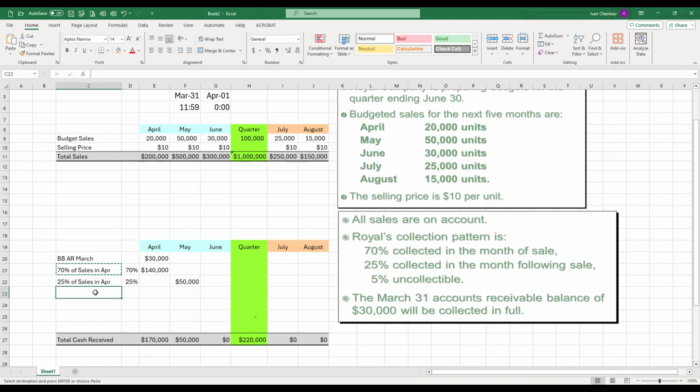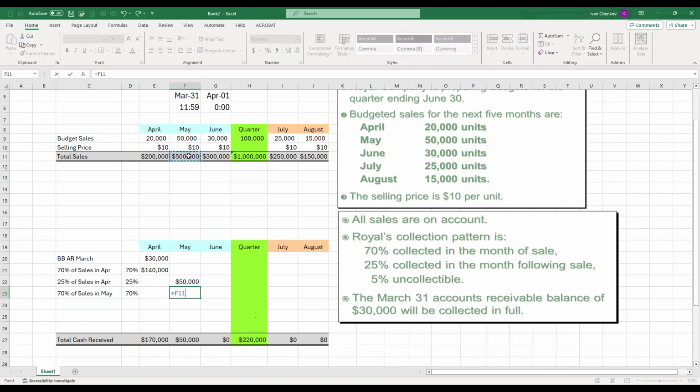That's correct. That will be equal to 500,000 times 70%. That's $350,000. And we're done with May, right? No more to collect.